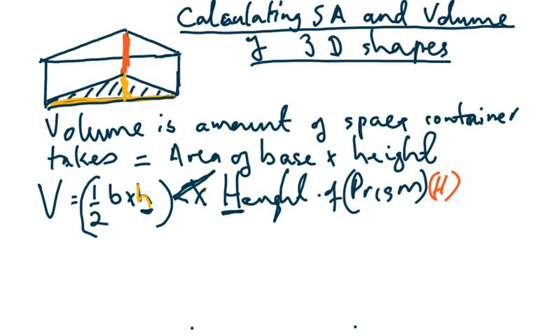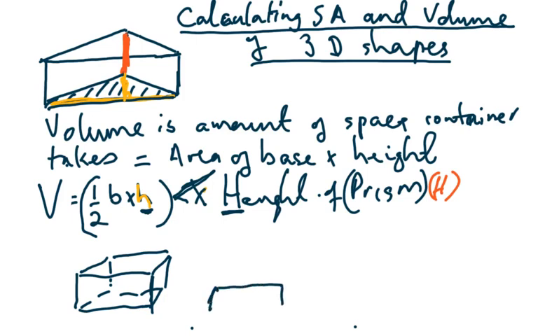So, if we're looking at our cuboid, the volume of the cuboid would definitely be area of the base. What is our base? The base is a rectangle. If that was L and that was B, the breadth, and that is now the height H.